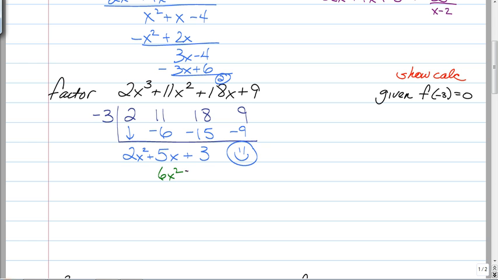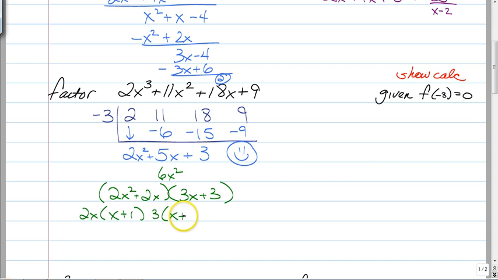And if we were to ask ourselves what multiplies to 6 but adds to 5, we're going to say that's 2x and 3x. Bring down our last term, bring down our first term, and you're going to group these Batman style. Factor out a 2x, leaving you with an x plus 1. Factor out a 3, leaving you with an x plus 1.